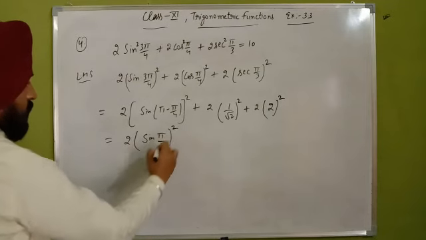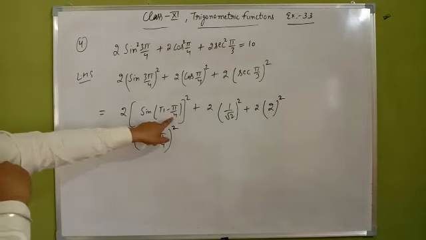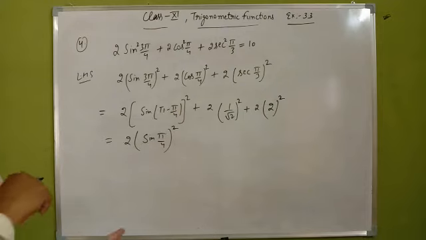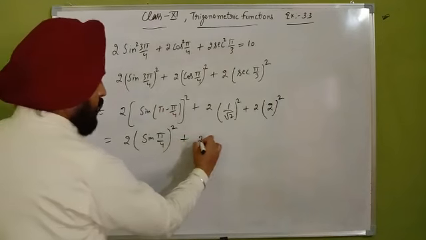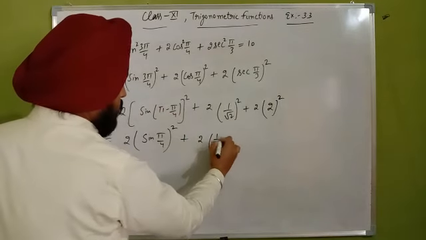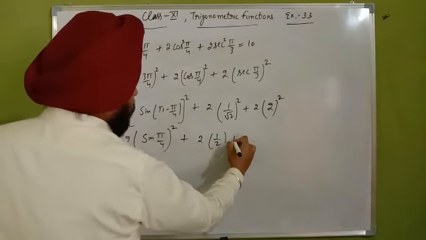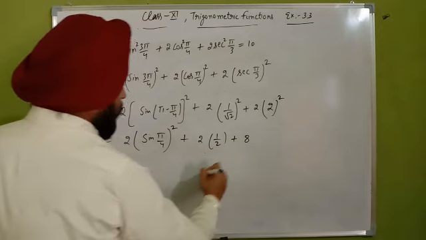Now you have to check the quadrant. Since it is pi minus there, that means second quadrant, sine always is positive there, plus 2 into square of root 2, that gives positive 2 there, plus 2 to the 4, that will be 8 there.